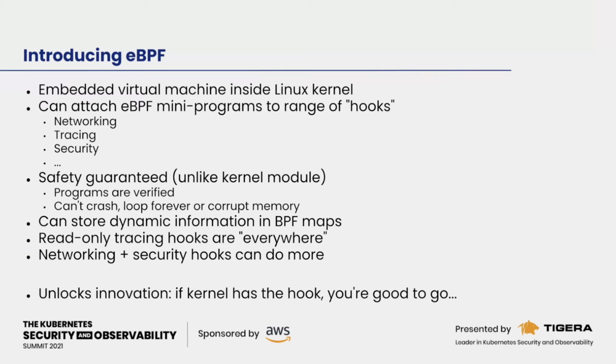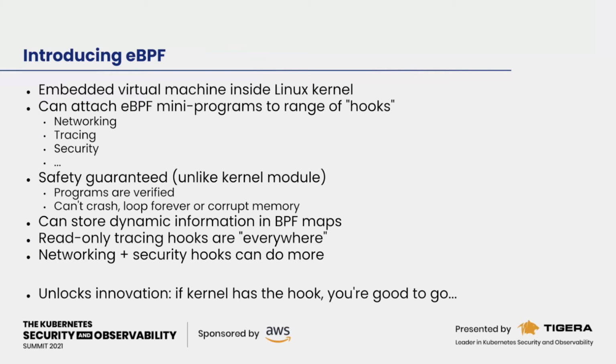It's grown far beyond where it started for network packet filtering. There are now a whole range of hooks within the kernel to which you can attach an eBPF mini program. Where do you get an eBPF mini program? You write your eBPF programs in C, and then you compile them to the BPF bytecode language. You can then load those into the kernel and attach them to one of a number of hooks in there.